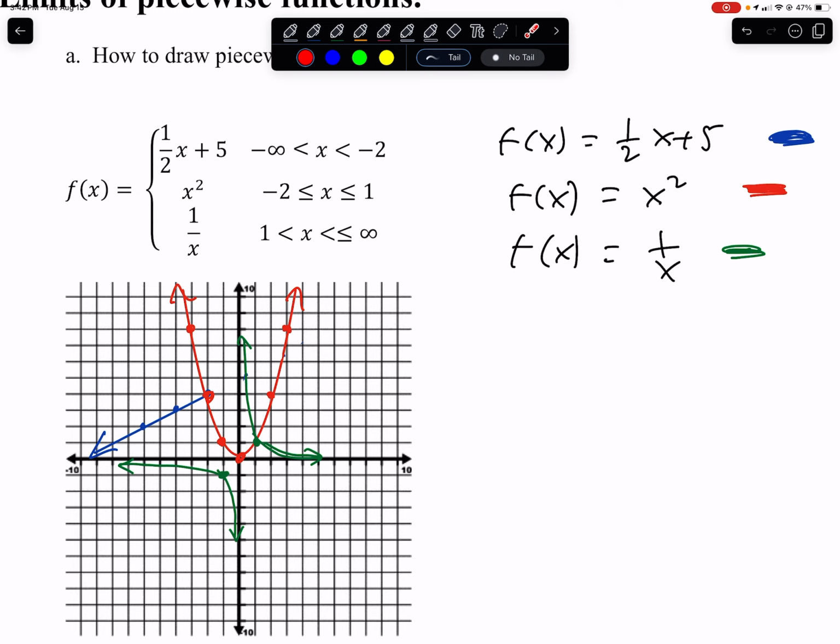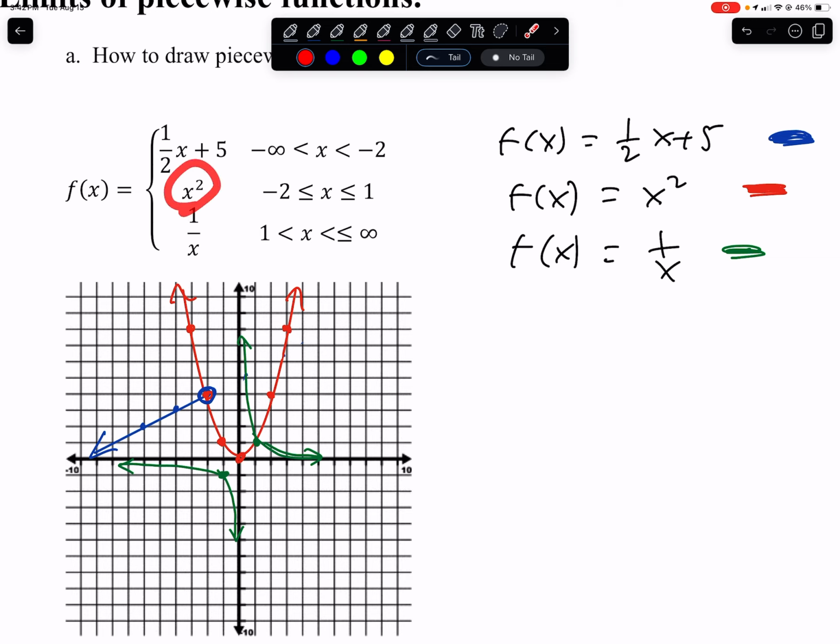And then you notice there's no equal sign underneath here. That means this doesn't exist at -2. So what we normally do in that case is we draw an open circle. So the blue function only exists to the left of -2, not at -2, open circle.